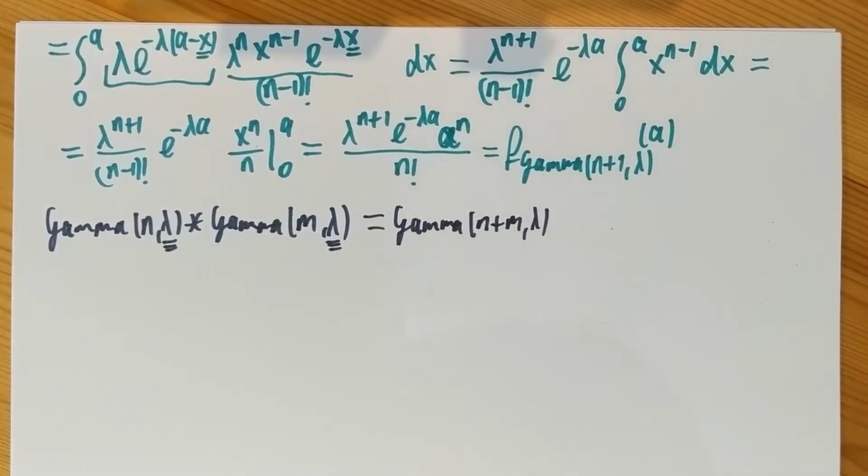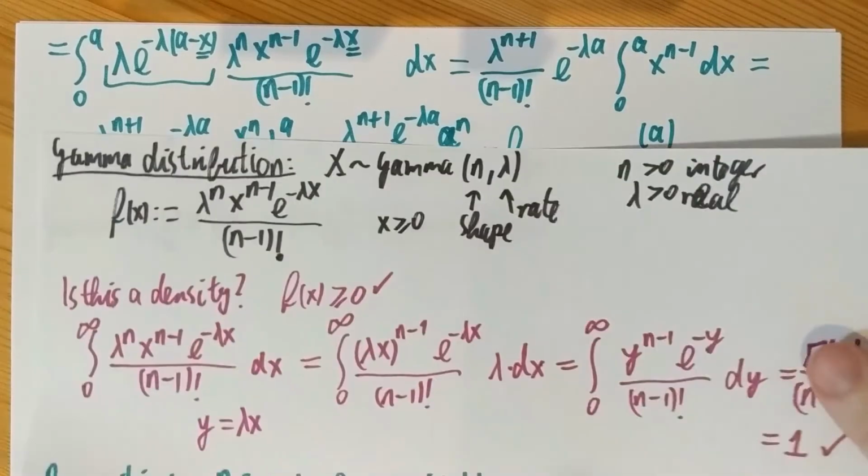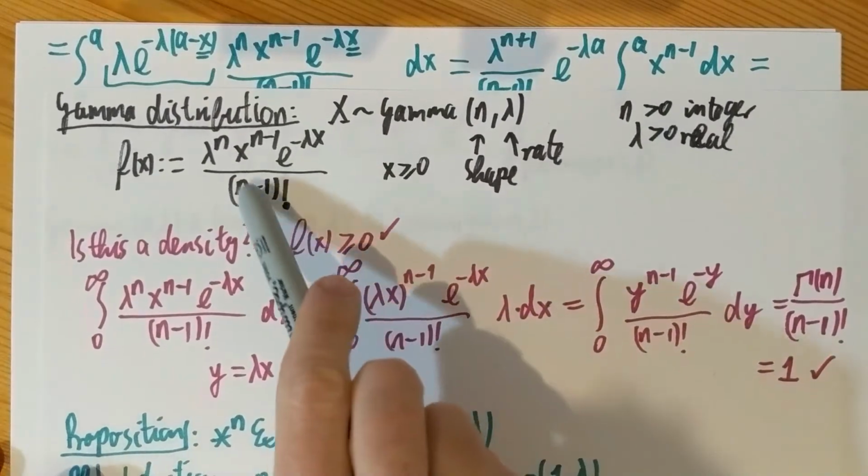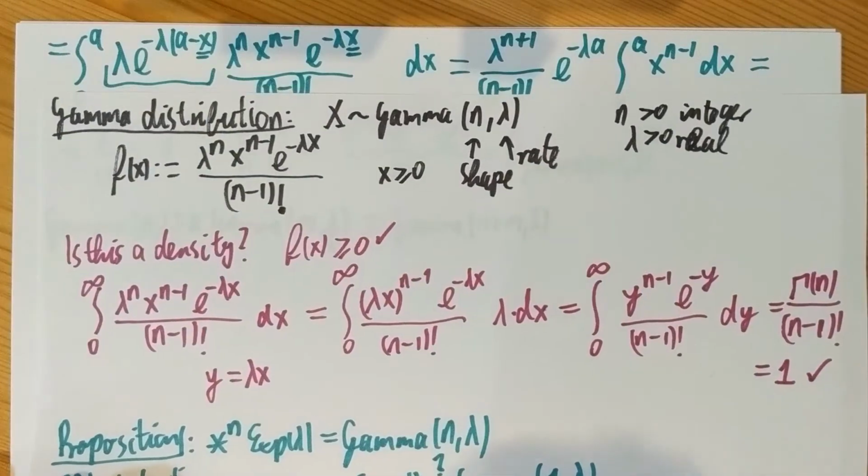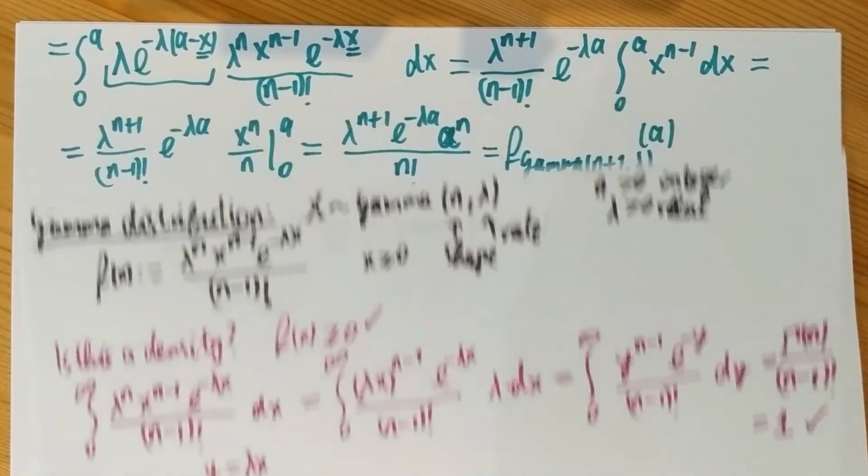Now, here's another remark: when we define the gamma density, we could have used the gamma function. So let's do that.